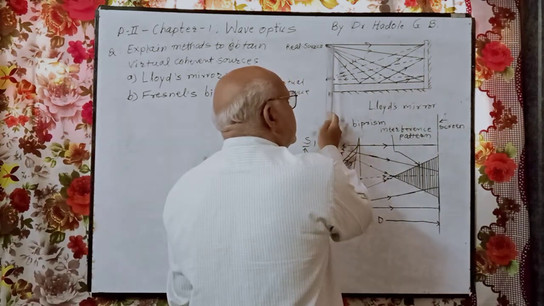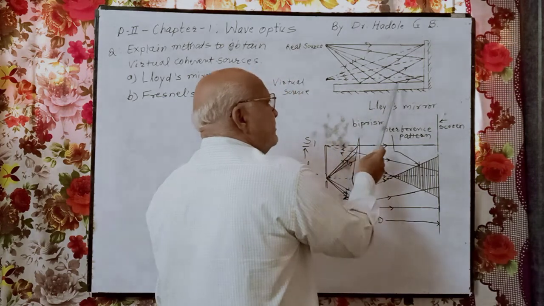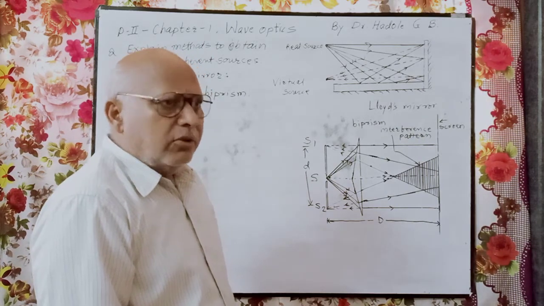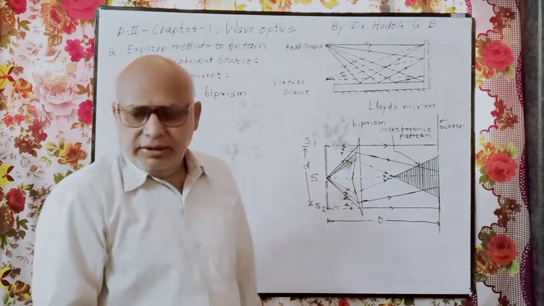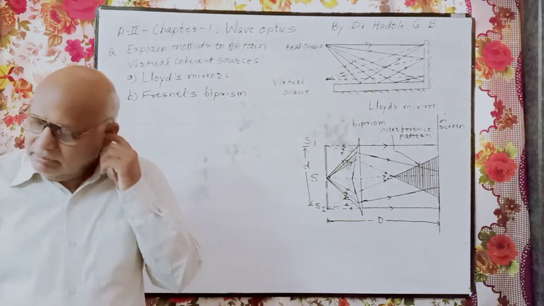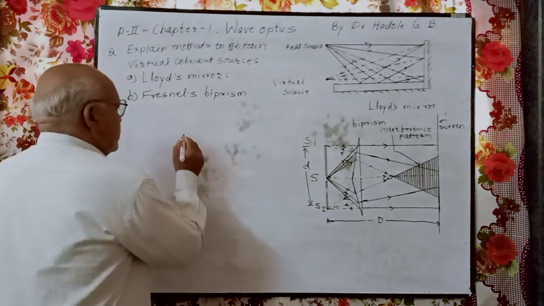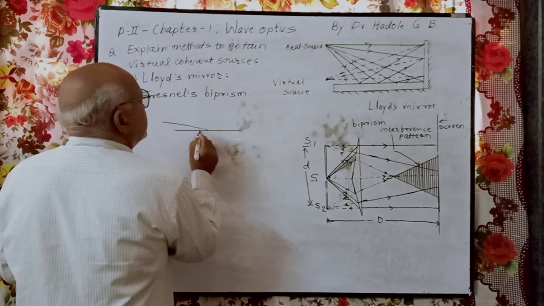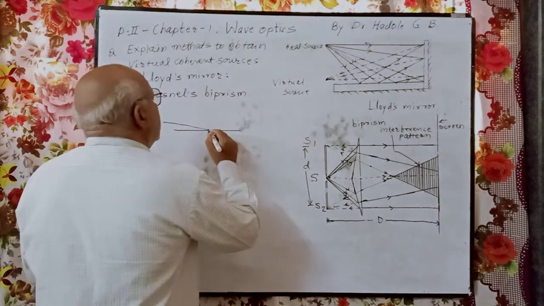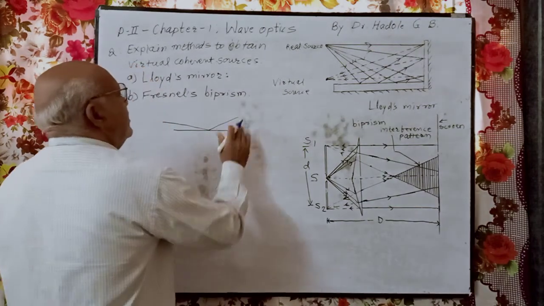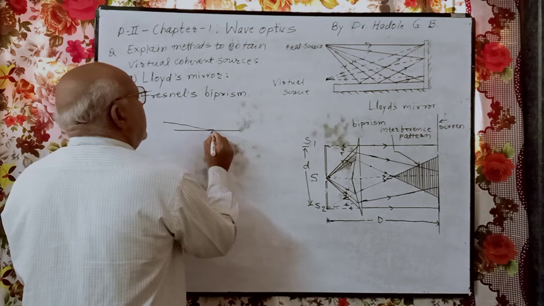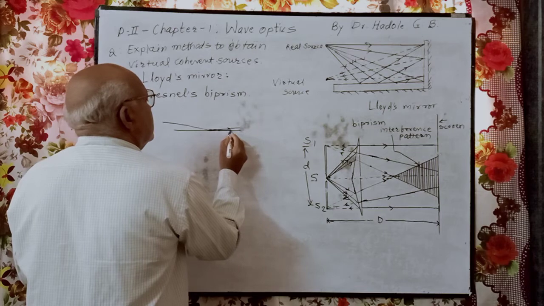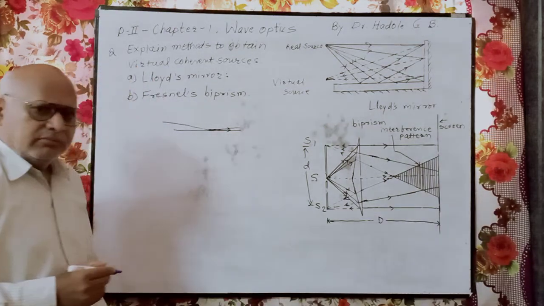See here, when these light rays are incident, they graze the plane mirror. Grazing, you know. Suppose this is the surface of the water and a ray of light is incident on the surface, it is reflected making a very small angle, nearly moving parallel to the surface of water.